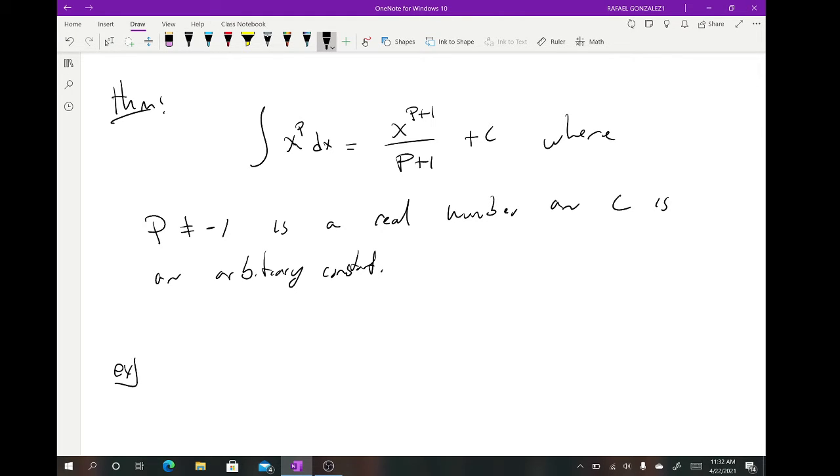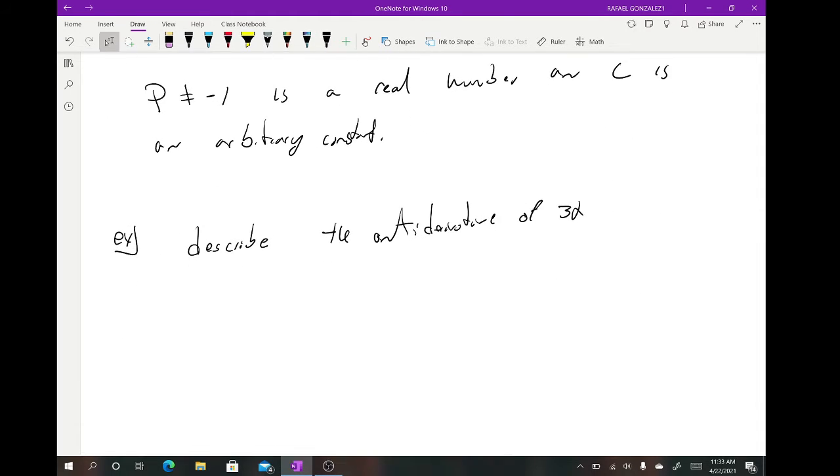Let's say we were asked to describe the antiderivative of 3x. So we're looking for a function whose derivative is 3x. Well, how do we go about getting a solution?